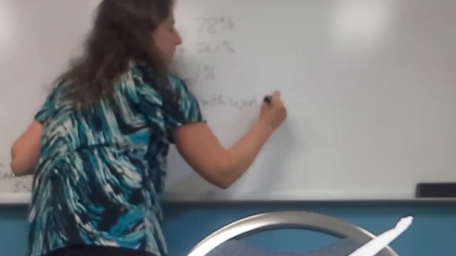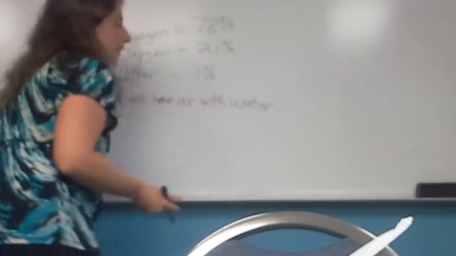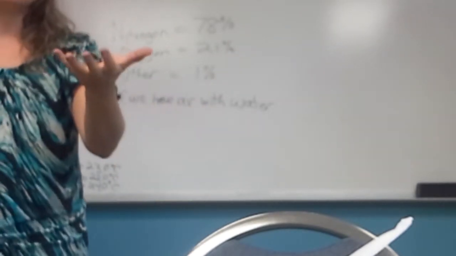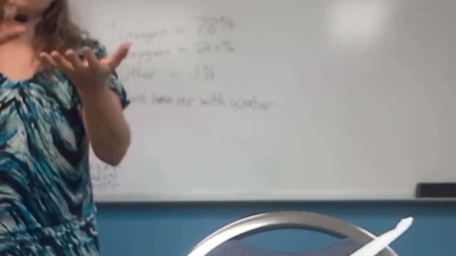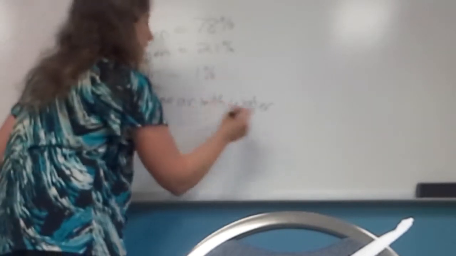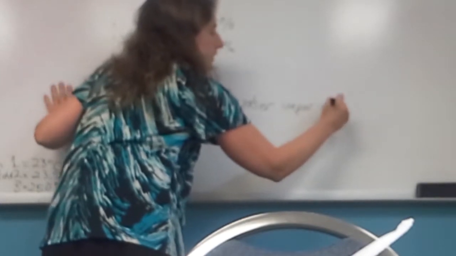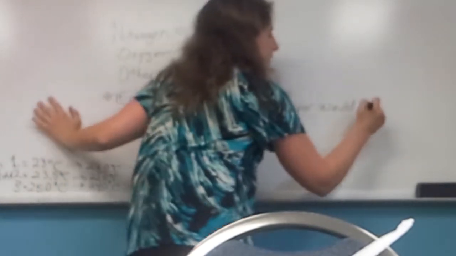Yes, because the water vapor would make up a part of it. That would be like me taking some Kool-Aid and then dumping in more water. The Kool-Aid would be more dilute. If I put water vapor into the mixture, the air is going to be more dilute. So air with water vapor would have lower percents.